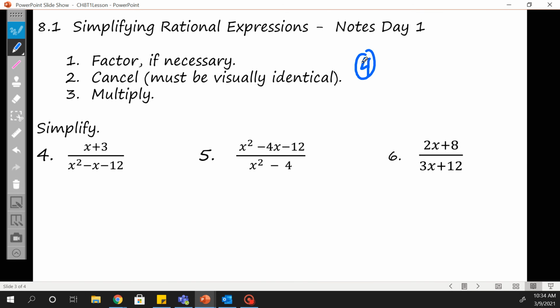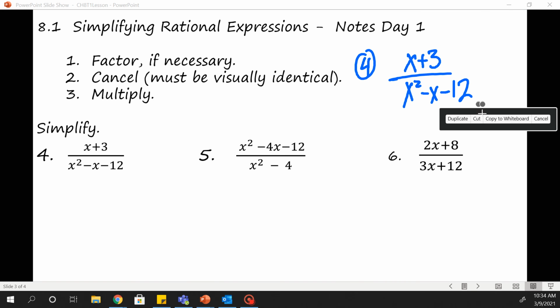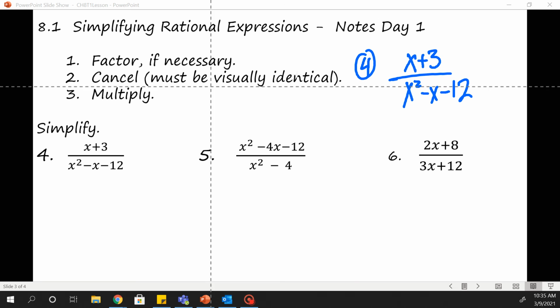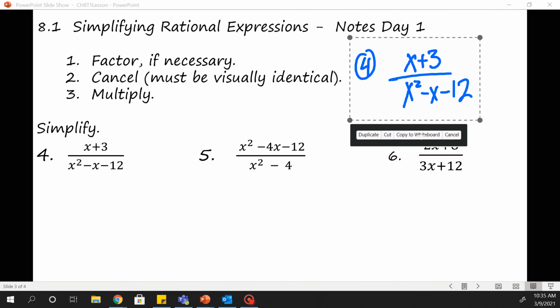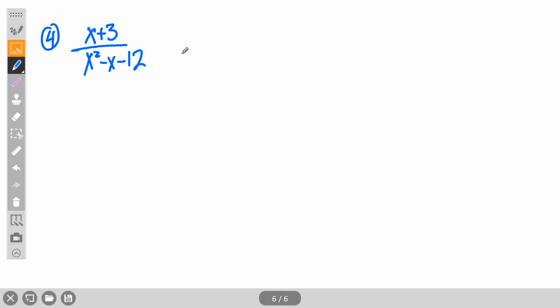Number 4, I have x plus 3 over x squared minus x minus 12. Okay, well the top doesn't factor, x plus 3 doesn't factor.